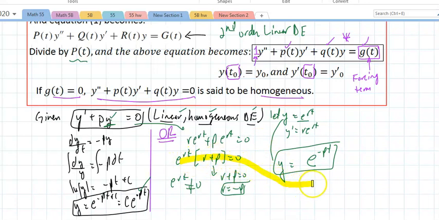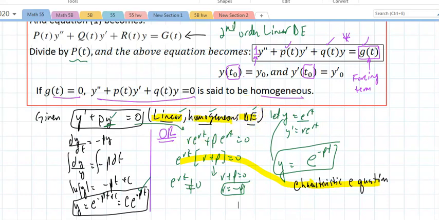This right here is called the characteristic equation. A big deal. Something that we're going to be looking for in every problem in this chapter. And what's the catch? Linear homogeneous differential equations.